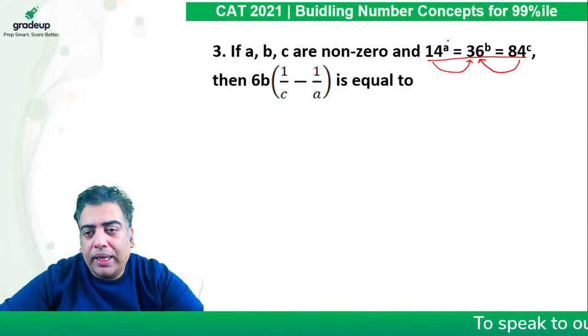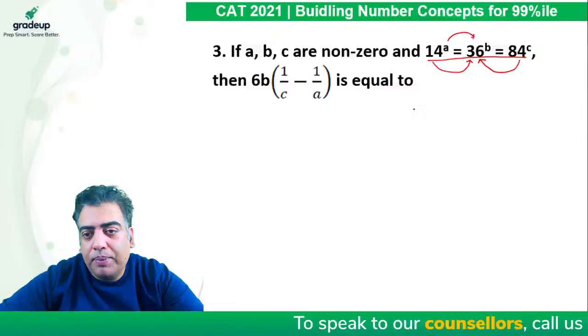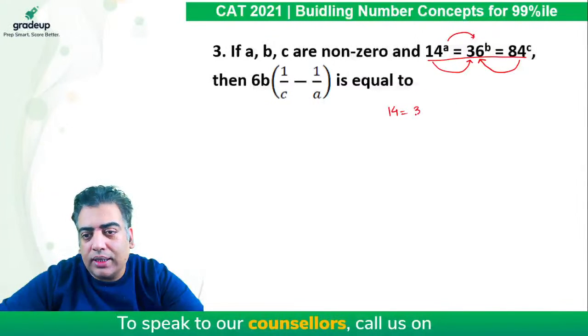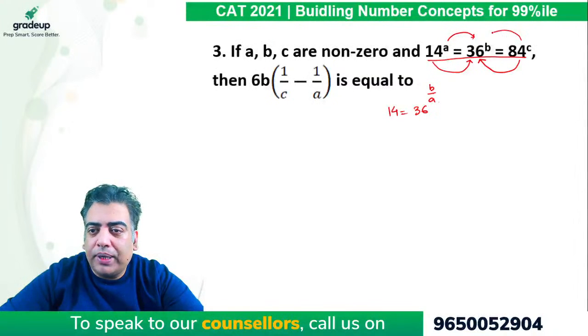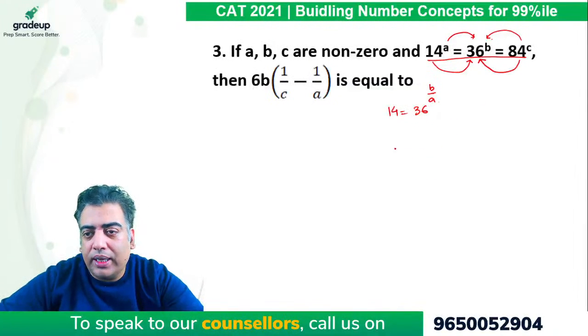So I am bringing A on this side, so it becomes 14 equals 36 raised to power B upon A. Likewise I am bringing C on this side, so it gives me 84 is equivalent to 36 raised to power B upon C.